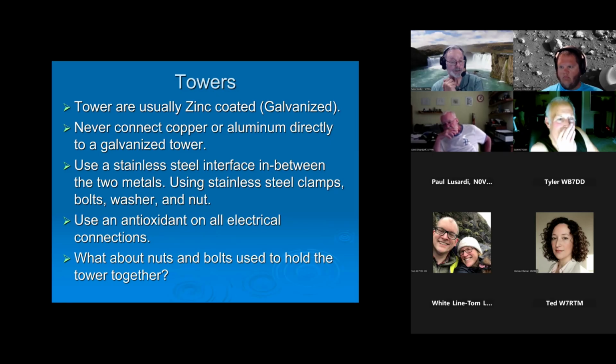So that stainless steel is that kind of sacrificial metal that sits in between your wire that goes to your grounding rod and your zinc coated tower.